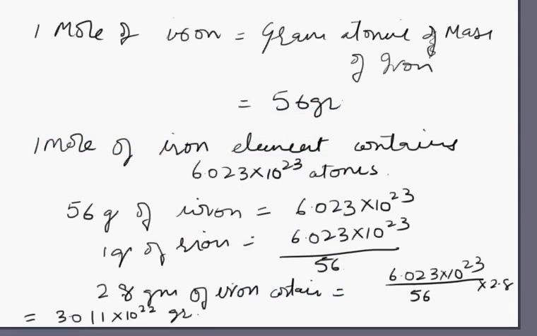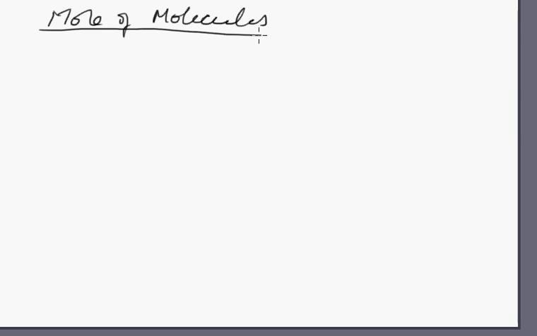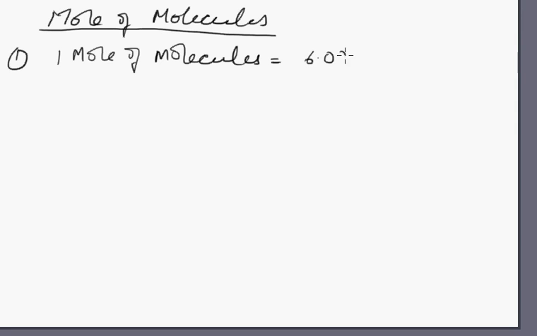Like the mole of atom, we have the mole of molecules with the same three equations. Let's write them so that you will understand properly. First equation, which we have derived from the definition: 1 mole of molecule is equal to 6.023 into 10 to the power 23 molecules.